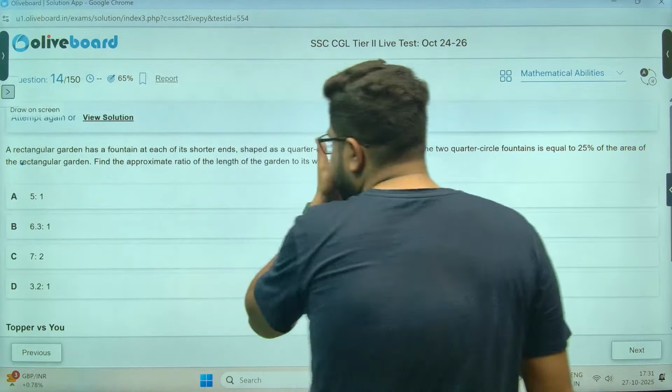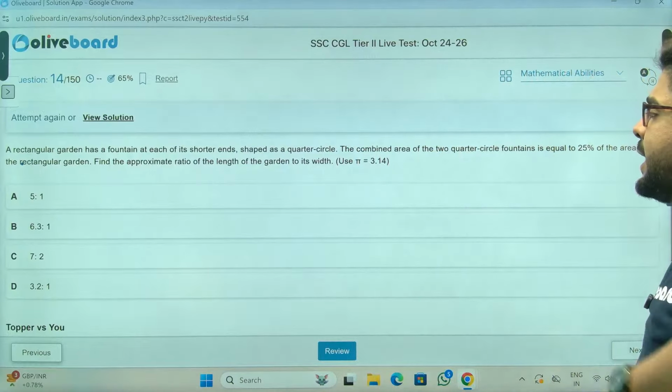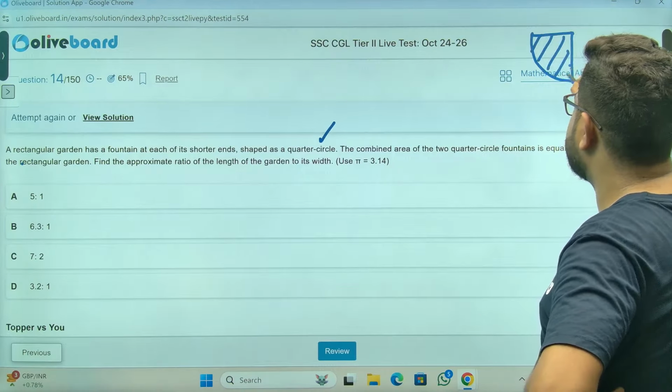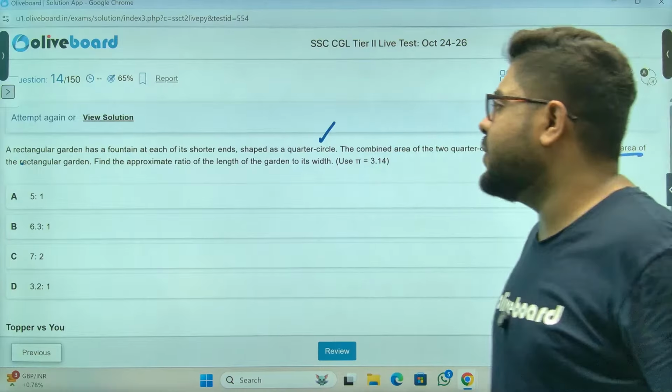Okay, a rectangular garden has a fountain at each of its shorter ends, shaped as a quartered circle. Quartered circle, you know, quartered circle means something like this. It means 1/4 of a circle. Now, the combined area of two quartered circles is 25% of the area of the rectangular garden.